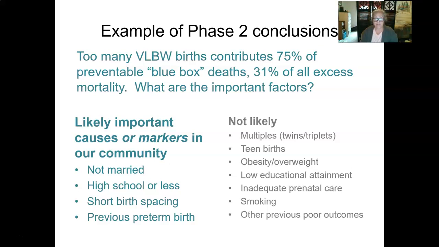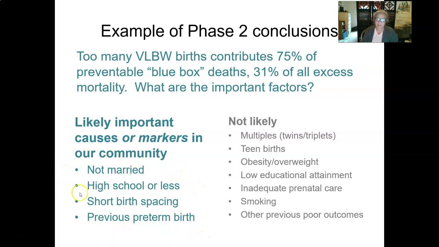But just as important as that column on the left is the column on the right that says the factors that are not likely contributors. So these factors are things that maybe our community's been all worried about: teen births, smoking, obesity. Those are very prevalent and they are important, but they might not be contributing to the particular problem of excess mortality that we have in our community, so we need to maybe focus on these different things.